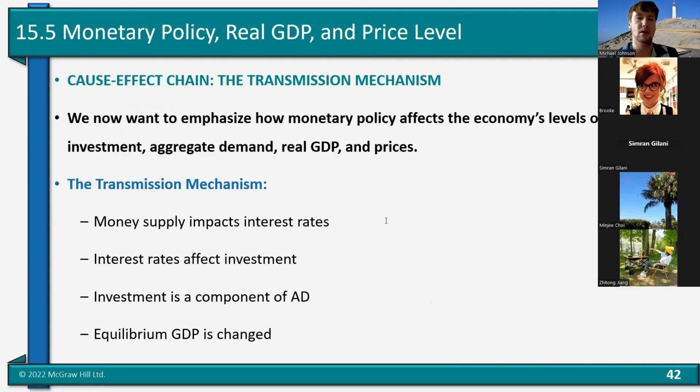So I'll ask the class, what happens to investment when the interest rate goes up?